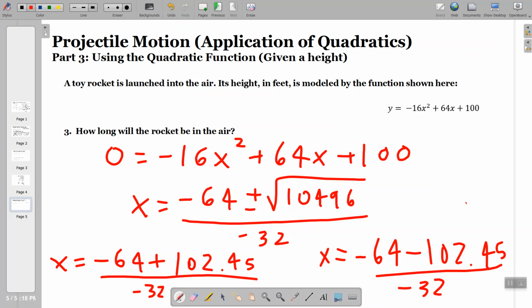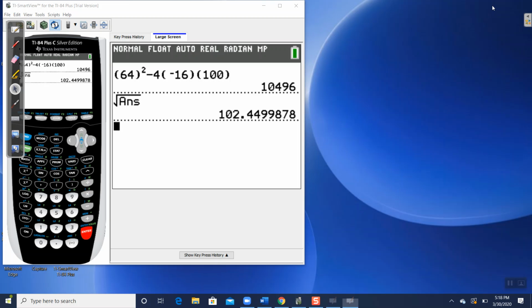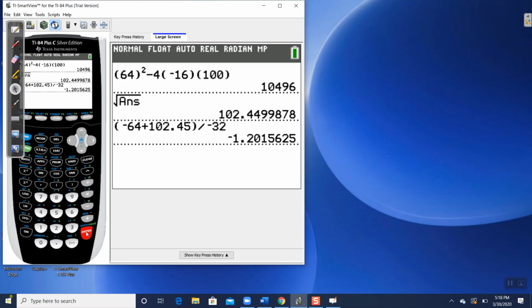All right, so let's go to our calculator and get some decimal approximates for those. Okay, negative 64 plus 102.45 divided by negative 32. Okay, negative 1.2. And then the other one is exactly the same.